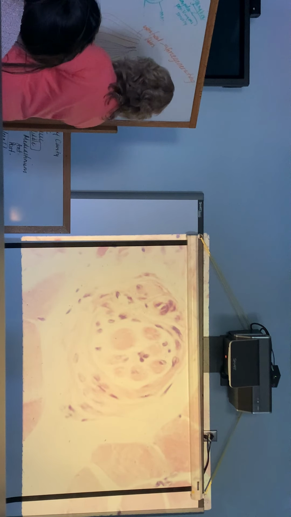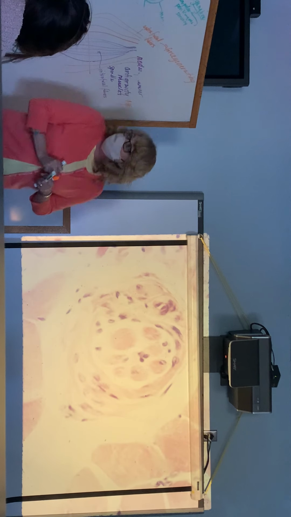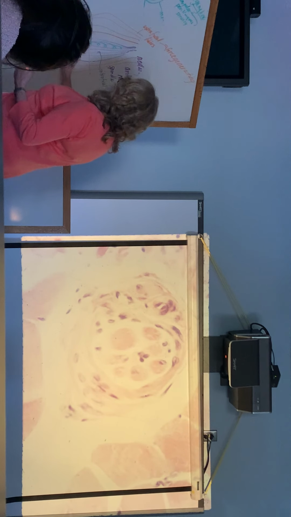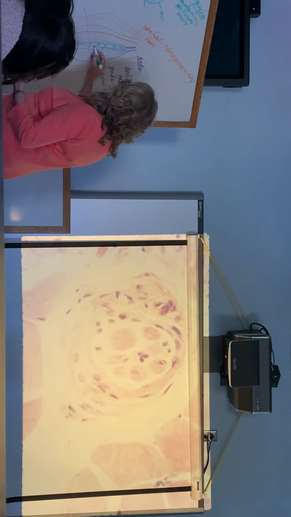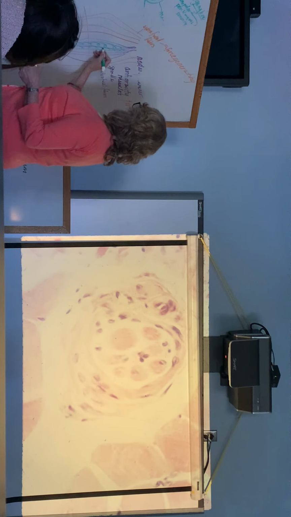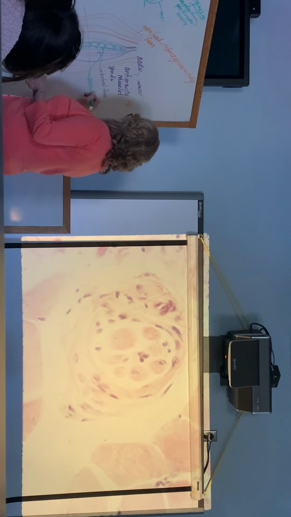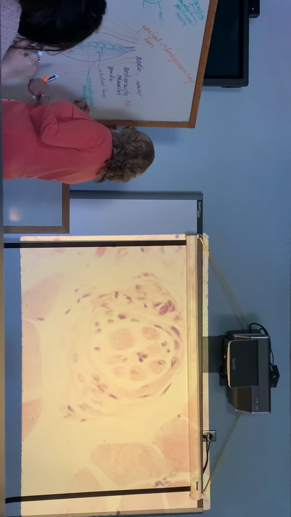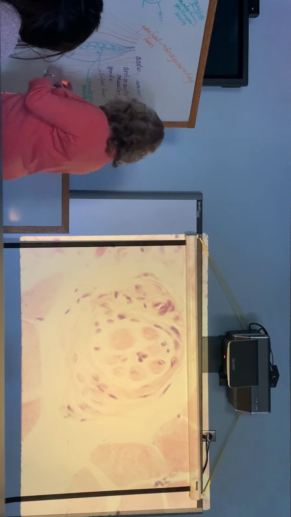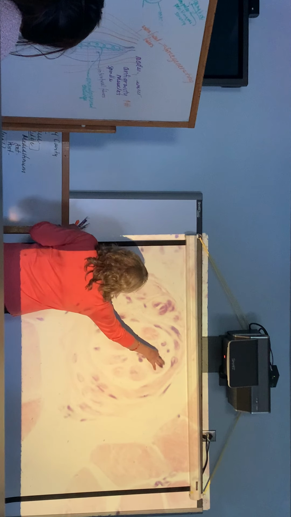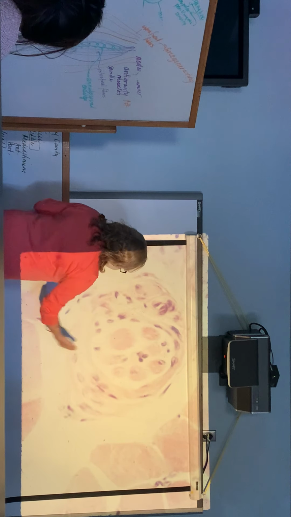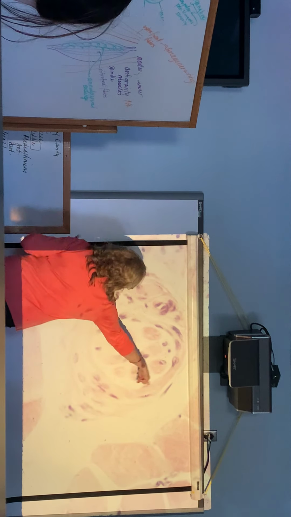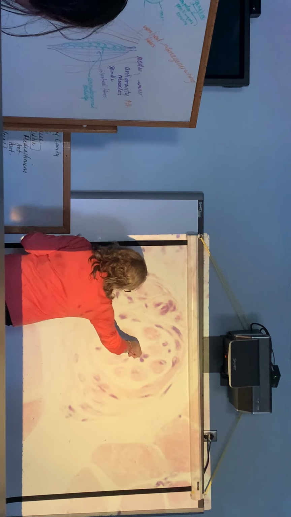So this is called a stretch reflex, because around each of these little intrafusal fibers are little receptors. They're wrapped around the fibers, so they're called annulospiral endings. The whole spindle is wrapped, but inside are the little receptors.